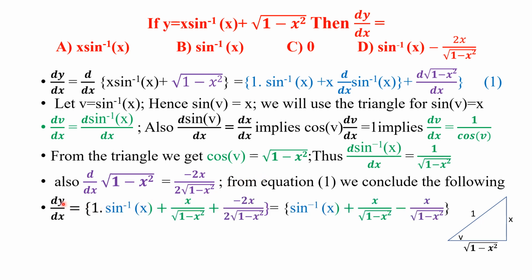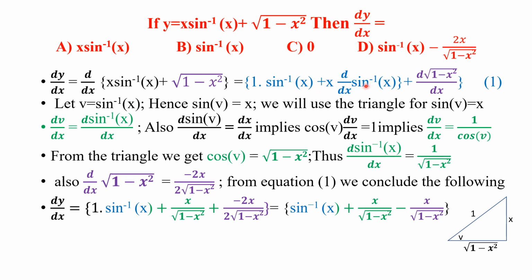So dy by dx, which is this one, and then let's move all the way to this equation and compare it over here. The first term is the same as the first term, it remains the same. Now the second term is x multiplied by the derivative of sine inverse of x.